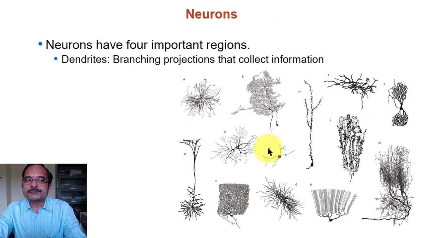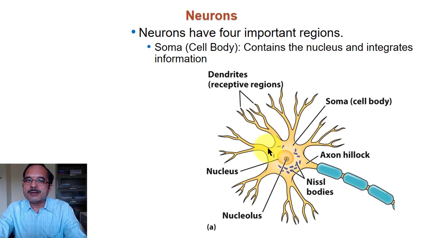So neurons have 4 important regions: dendrites, soma, that is the cell body, and there is an axon hillock here.